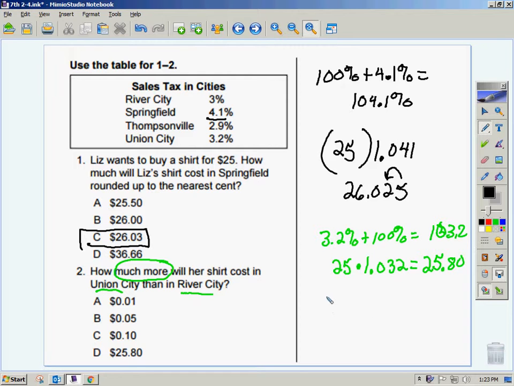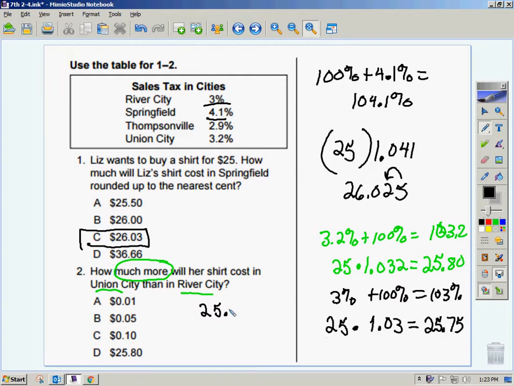River City would be 3%. 3% plus 100% is 103%. 25 times 1.03, 25.75. 25.80 in one city, 25.75 in the other city.